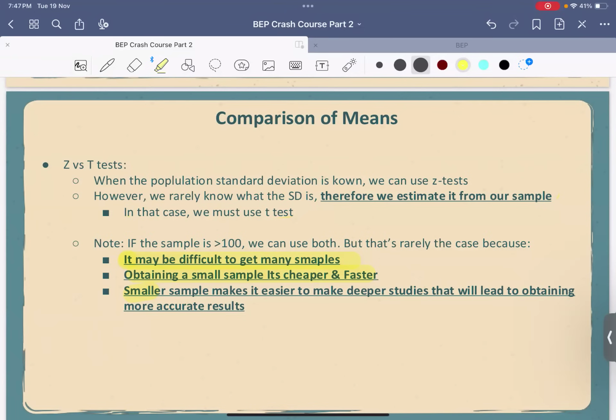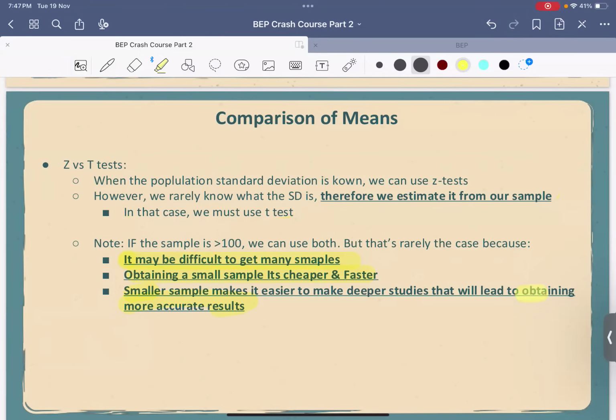So we have three benefits of a small sample size. One, it's difficult to get a high sample size. Two, it's expensive and it takes a lot of time. Three, when we have a large sample size, the obtaining and the interpretation of the results will probably be less accurate.